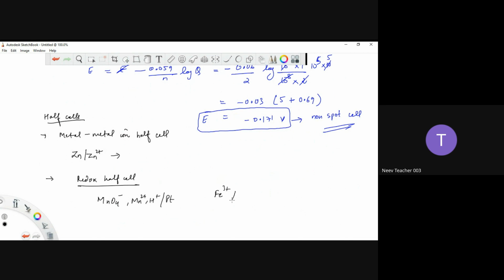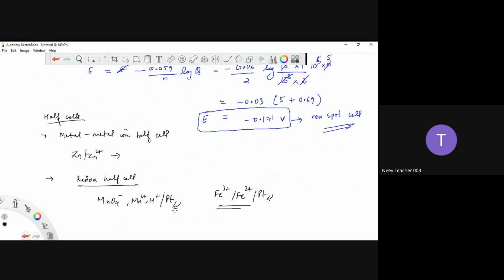Fe3 plus going into Fe2 plus is also a redox half cell. You need to use platinum with it. With a redox half cell, an inert electrode is always there because only ions are present in the redox half cell, and that requires a surface, and for that we use platinum. The representation of a redox half cell is going to be this way only.